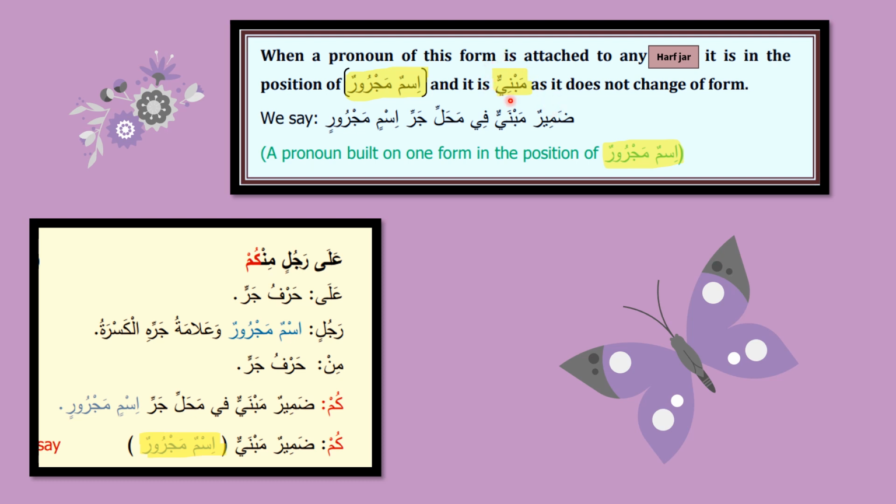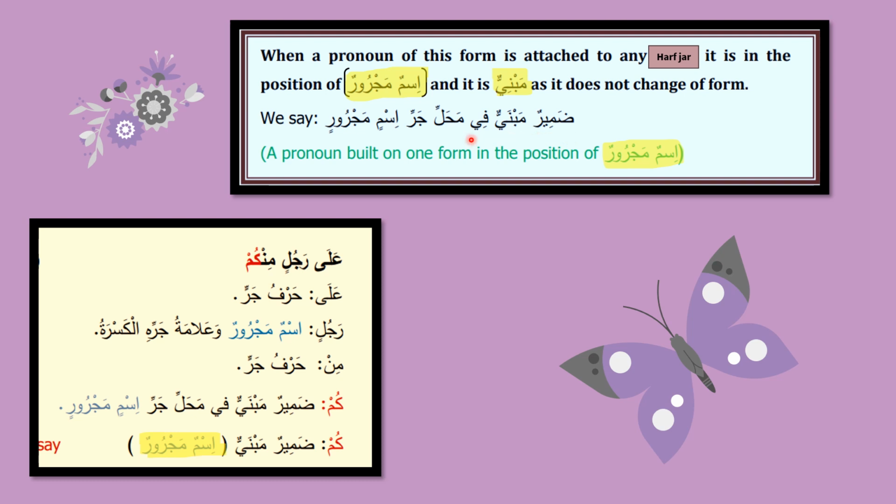They are not morab, and it does not change their form. So in the i'rab, the statement or the explanation in Arabic will be damirun mabniun. When you do the i'rab, your statement will be it's damir. When you have to explain what is the position of the damir when it is attached with the harf jar, you will explain in Arabic as damirun. It's a damir. It's mabni. It does not change its form.